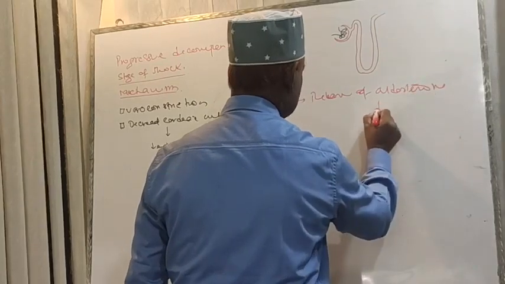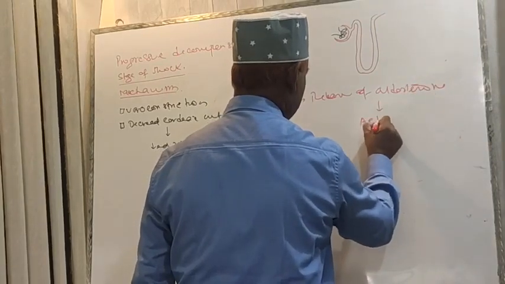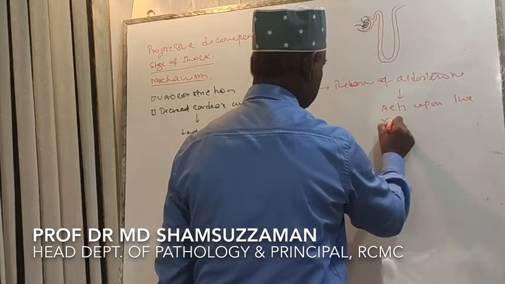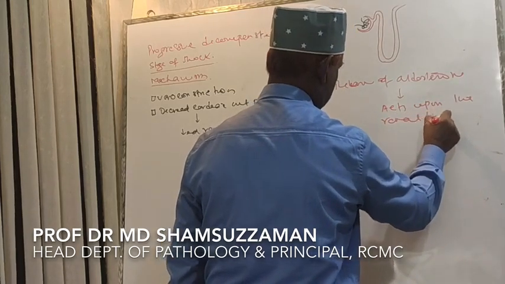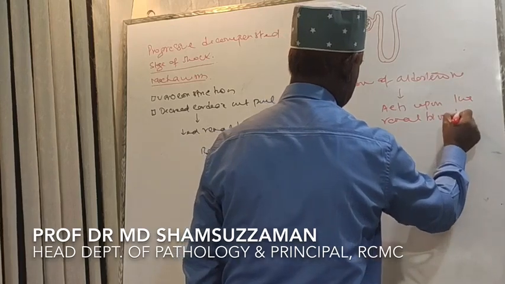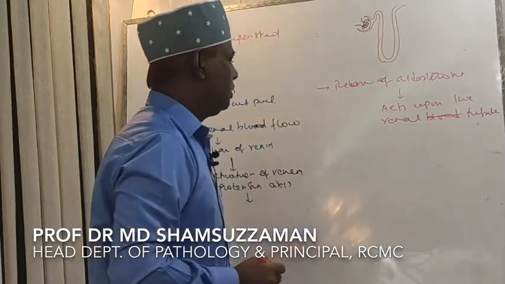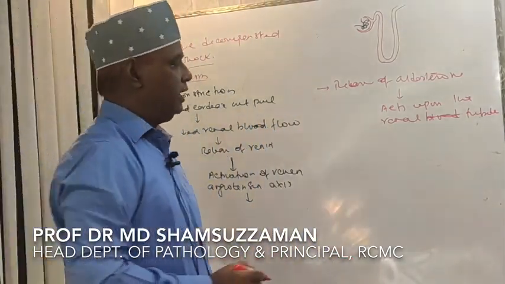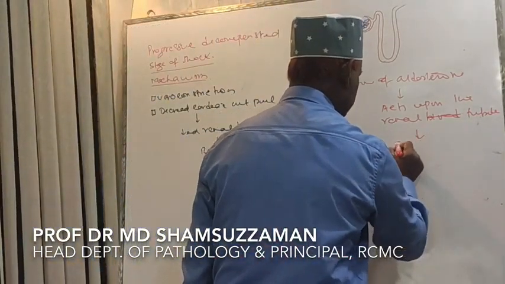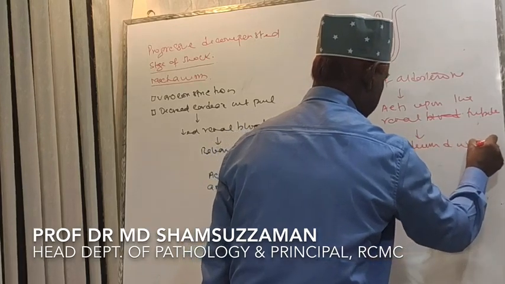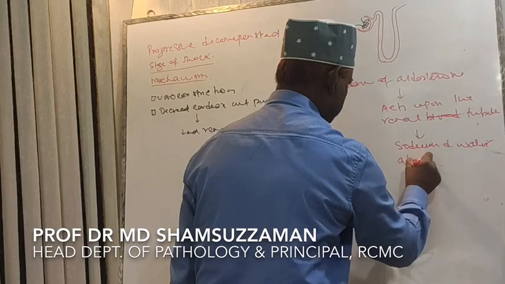This aldosterone acts upon the renal tubule and there is absorption of sodium and water.